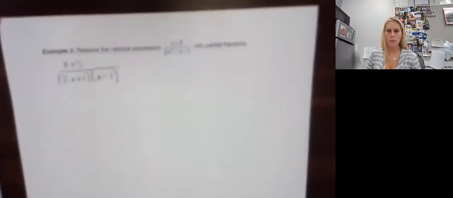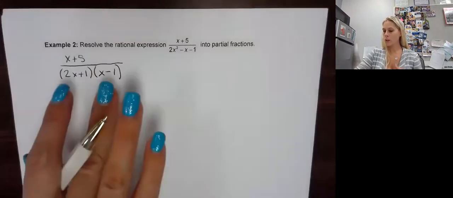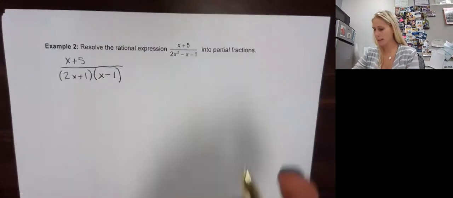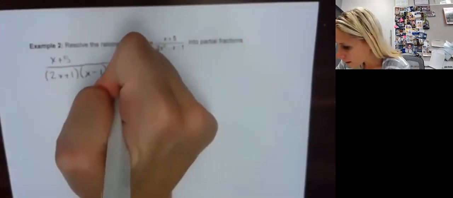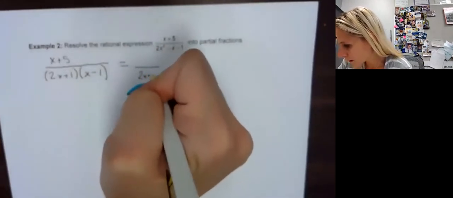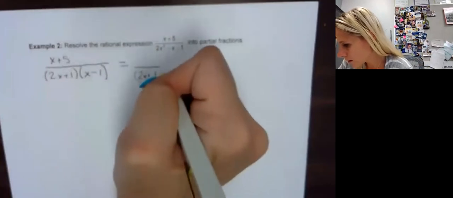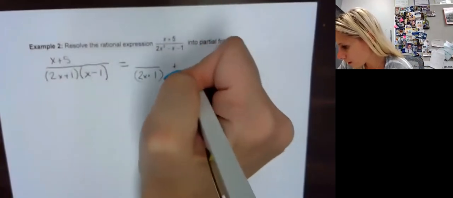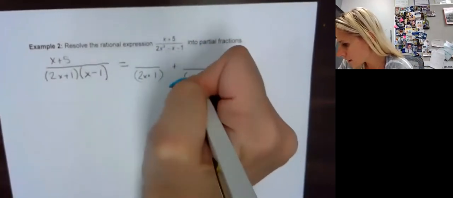So we run into the same situation as we did before by having our two factors, which means we're going to split that up, having 2x plus 1, and the other one is x minus 1.